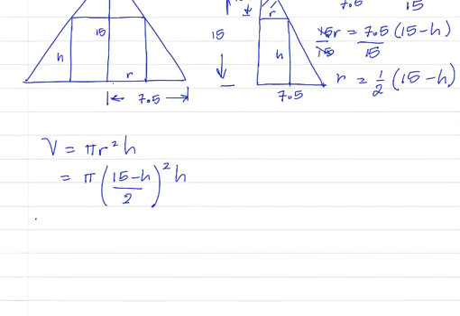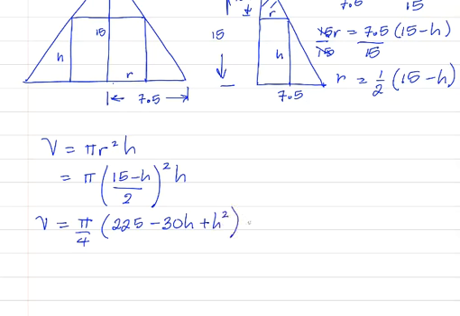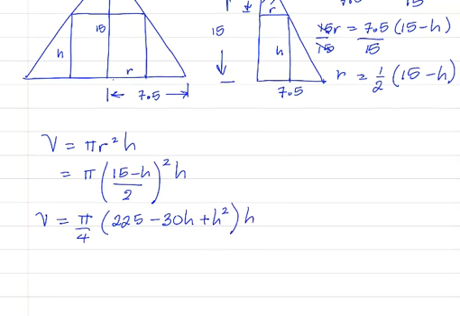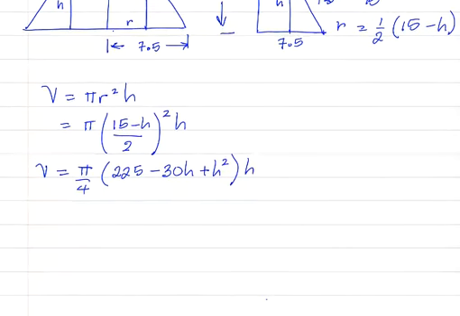The volume works out to be pi over 4 times 225 minus 30h plus h squared, times h.